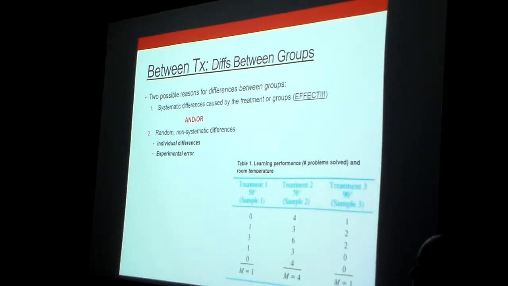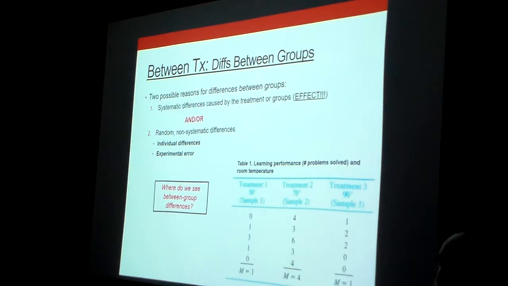Or maybe we have experimental error, right? Maybe in sample 1 we had all of our new research assistants who didn't know what they were doing and kind of screwed stuff up and entered a bunch of error in, versus treatment 2 where we had someone who knew what they were doing and did it correctly, and so we were more systematic, right? And so remembering that, again, the variance that we see across or within groups can either be due to systematic differences or random variation per sample.